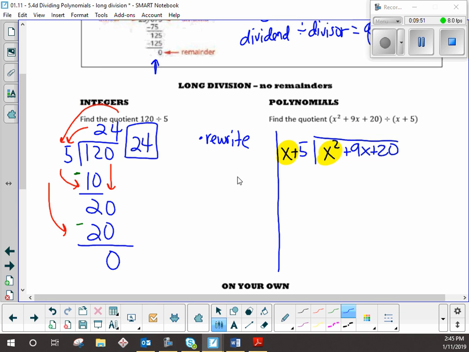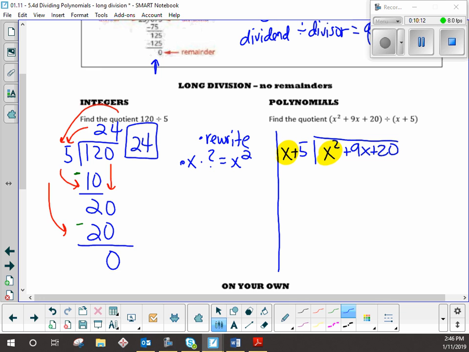And so on the numbers, I said, okay, 5 times what gives me 12? In the polynomials, I'm going to ask you, x times what gives me x squared? Okay, so the question is, x times what gives you x squared? Yeah. So over here, I put the 2 on top.